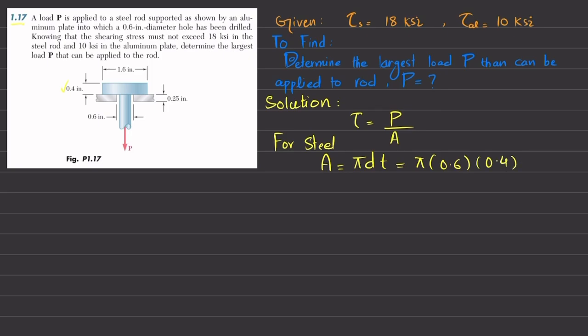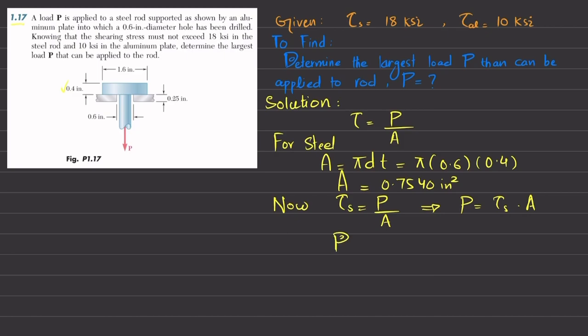Okay, so when you calculate it, you will get the shearing area for this steel rod as 0.7540 square inch. Now we know that shearing stress in steel is equal to shearing force per unit shearing area. So we need P. P will be equal to shearing stress in steel into shearing area.